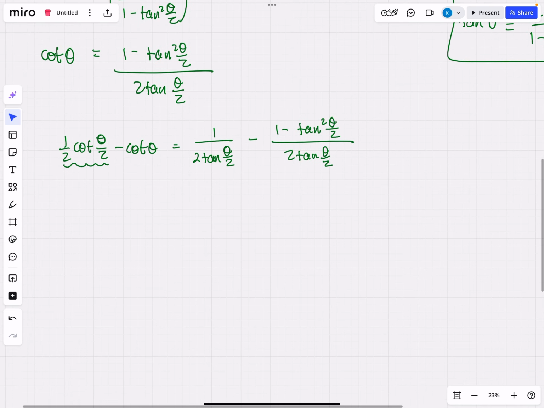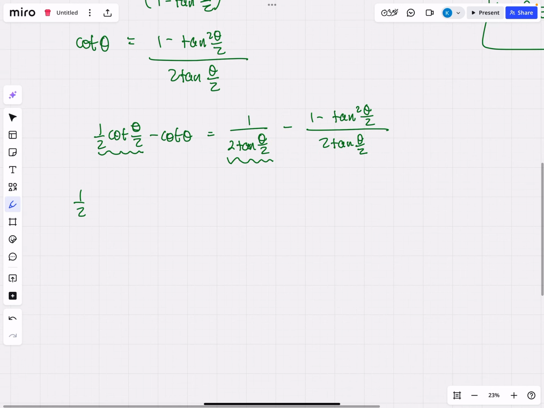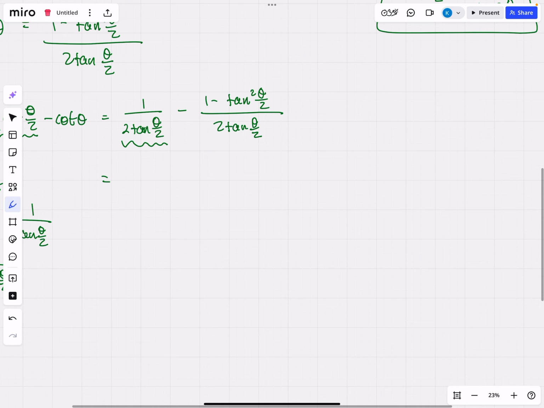If you didn't quite get how this part was equal to a half cot theta over 2, that's simply because a half cot theta over 2 is equal to 1/2 multiplied by 1 over tan theta over 2, which equals 1 over 2 tan theta over 2. Okay? So let's be careful here.